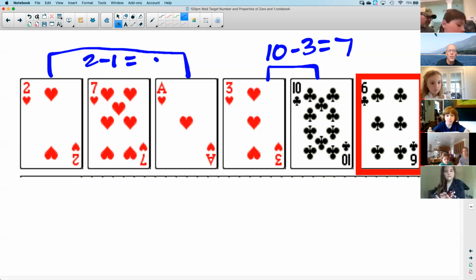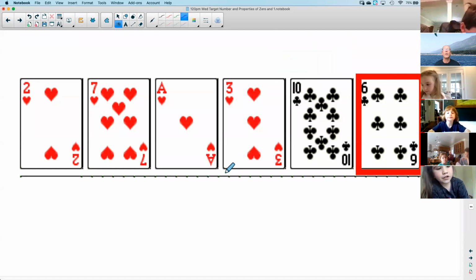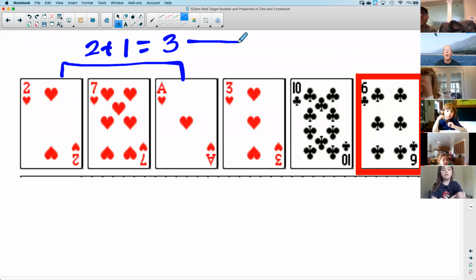Now, who else is going to give it a shot? Victoria, go for it, kid. I was thinking we could add the 1 to the 2, and then we could take the 3 from that equation and put it onto the other 3, and then that would be 3 minus 3.